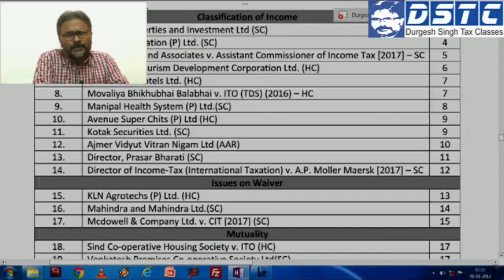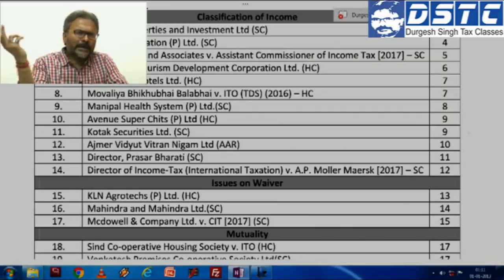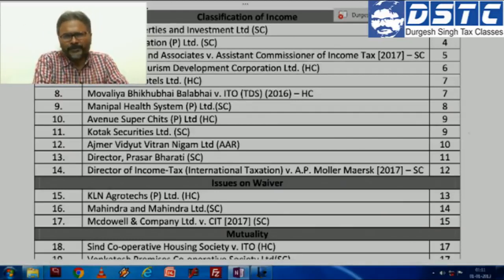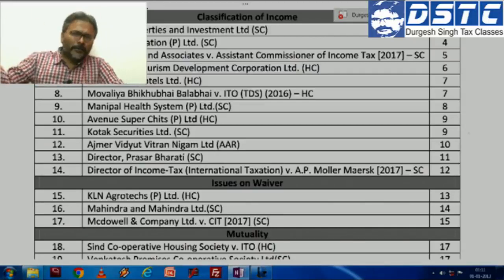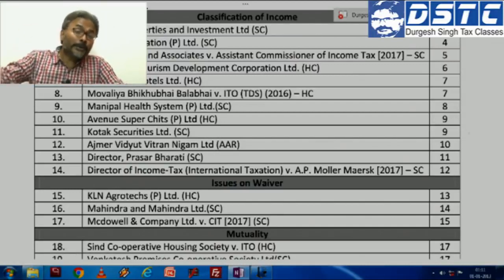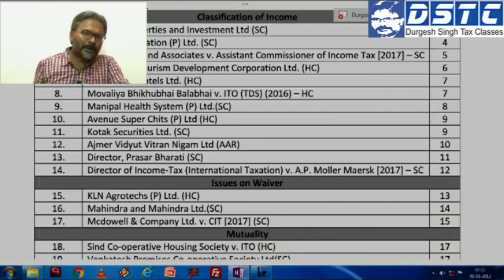The facts of the case, students, in this judgment: the SSC company had issued share capital. It was an IPO. On that, the share application money was being received. Now, pending the allotment, the SEBI law requires the company to put the share application money in a trust account.